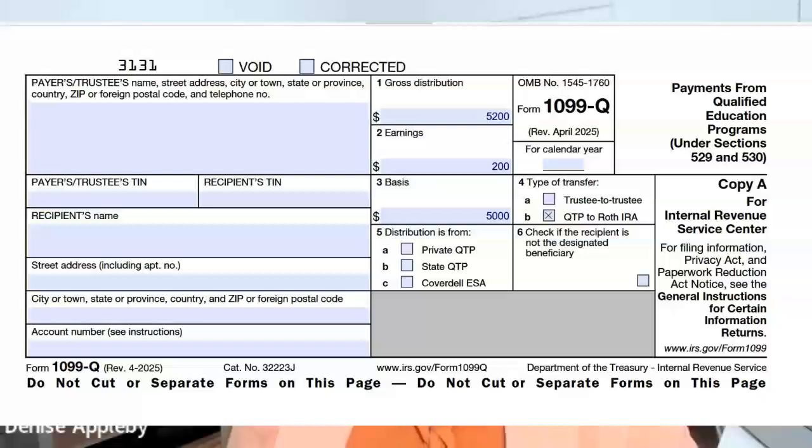So this is where the trustee of the 529 plan is going to provide a breakdown of how much of the amount that is being moved as a 529 to Roth, how much of it is basis, how much of it is earnings, and that allows the IRA owner to be able to track the basis versus the earnings once the amount gets to their Roth IRA.